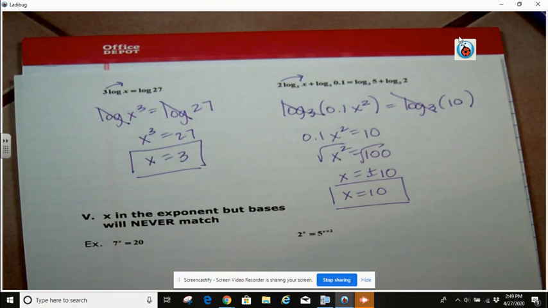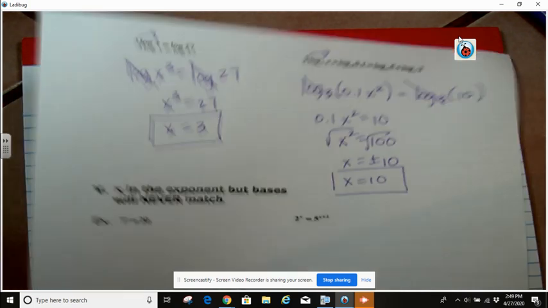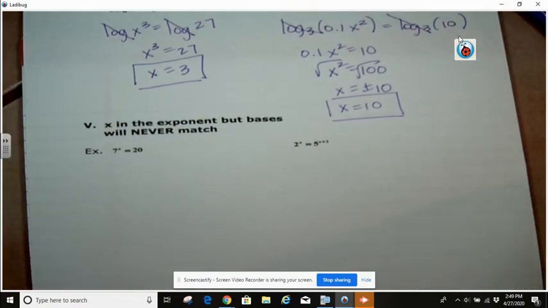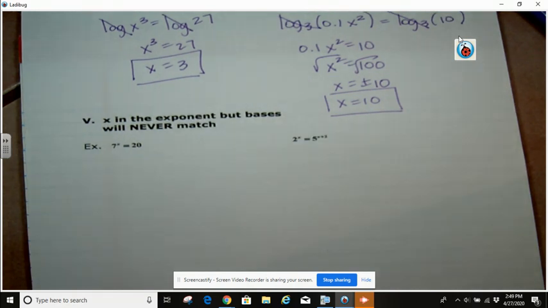All right, the last type of log equation starts out as exponential, but it's sort of the reason that we need logs to solve some types of equations. So this kind of goes back to the first type, except in the first type, we could rewrite one or both sides to make bases match.